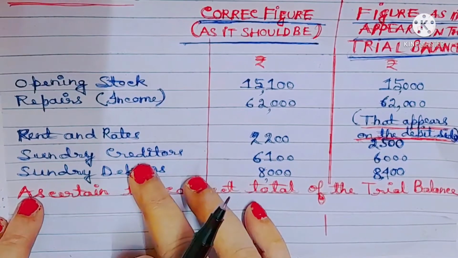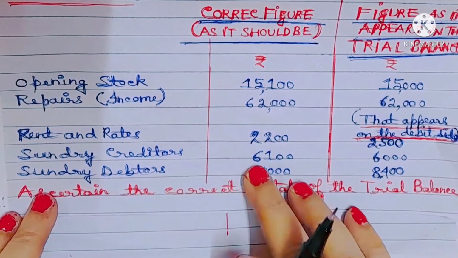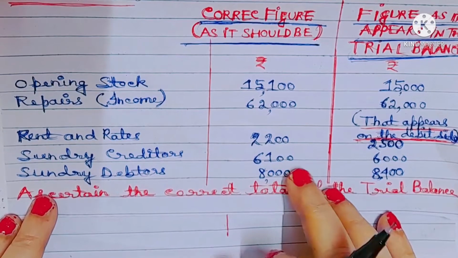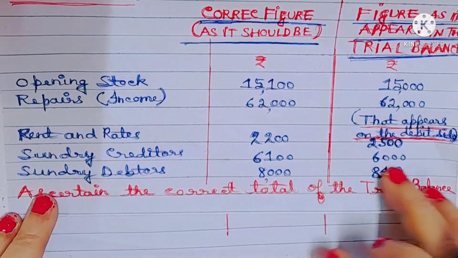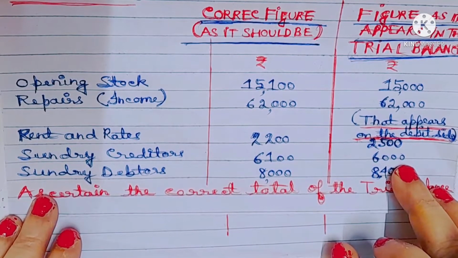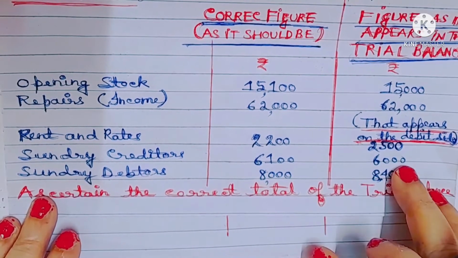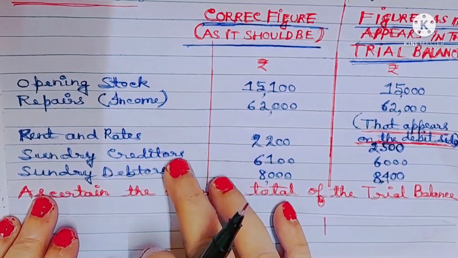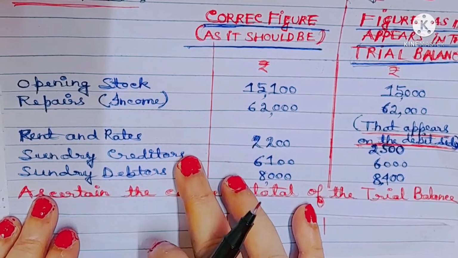The next account is sundry creditors. Sundry creditors should have been 6,100, but they have wrongly written 6,000. That means they have written 100 less. So we'll have to write in the credit column plus 100. Why in the credit column? Because sundry creditors has a credit balance. That means whatever adjustment we make goes in the credit column. If it were a debit balance, whatever adjustment we make would go in the debit column. Understood?